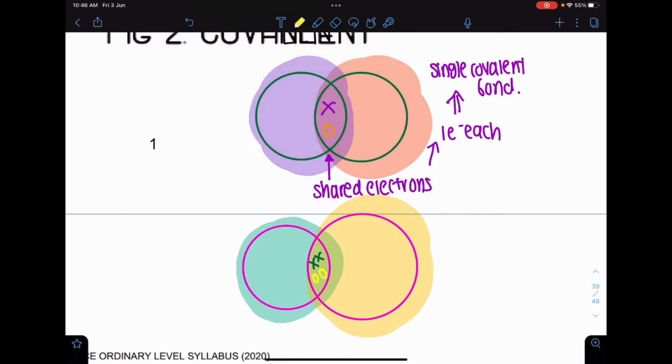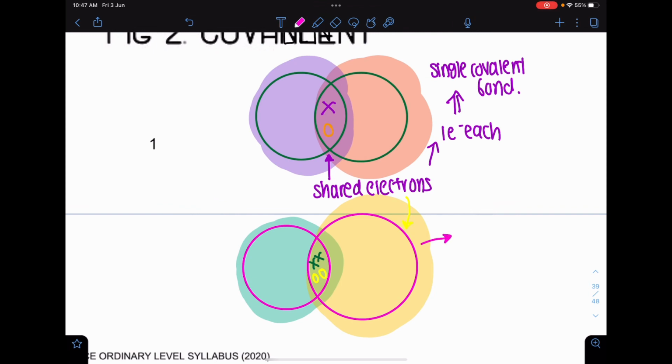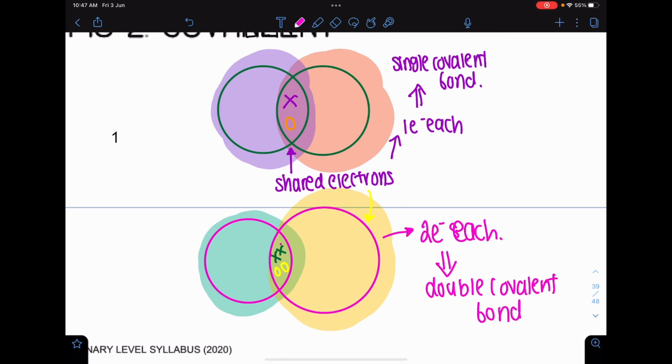So in this case, these two atoms are still sharing electrons. However, each of the atoms is sharing 2 electrons, right? The green atom is sharing 2 electrons, and the yellow atom is sharing 2 electrons as well. So in this case, we would say that a double covalent bond is formed. We will explore this concept again when we look at organic chemistry in secondary 4.